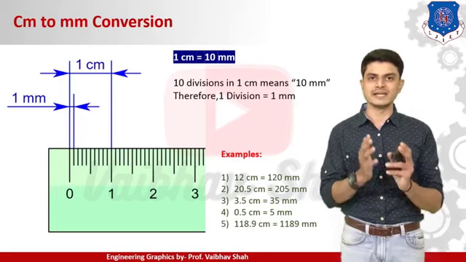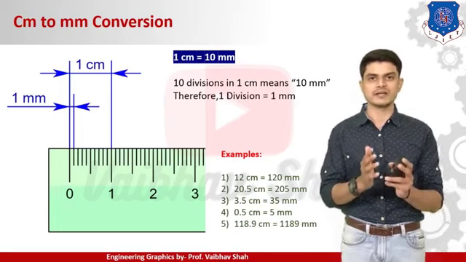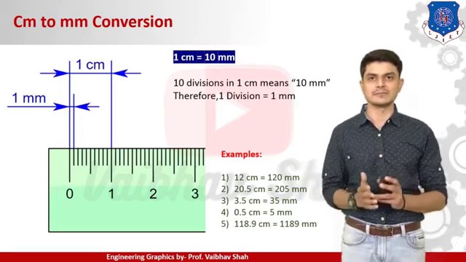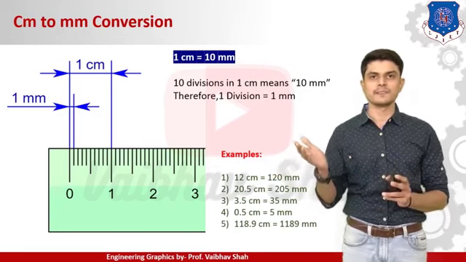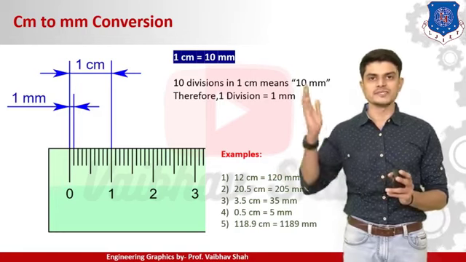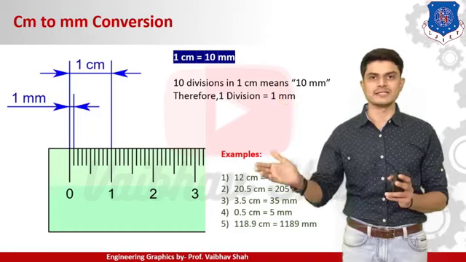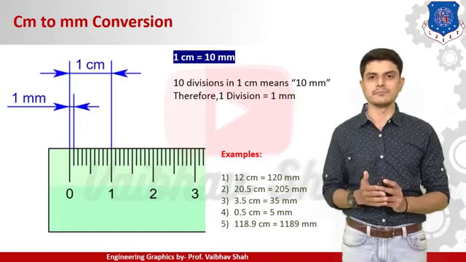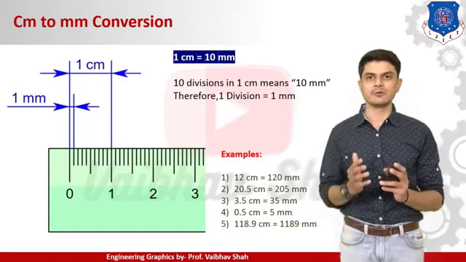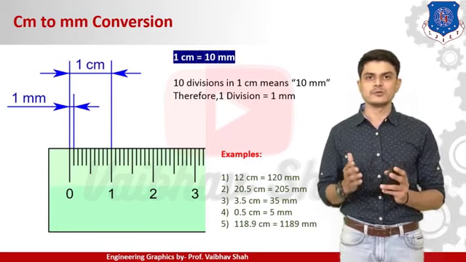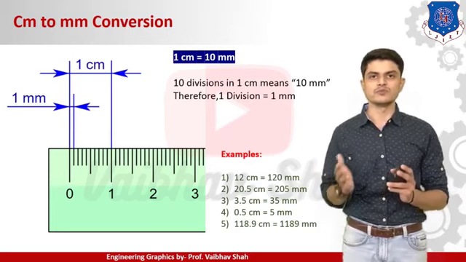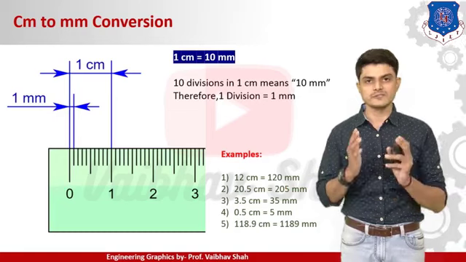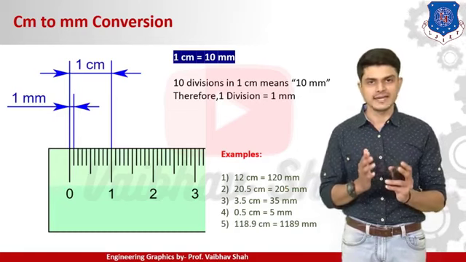So now let us see a few examples to memorize this conversion factor. First example, 12 centimeter. 12 centimeter is equal to 120 mm. How? Because 1 centimeter is equal to 10 mm. So 12 centimeter is equal to 120 mm. Next, 20.5 centimeter is equal to 205 mm. What we have done is we have just multiplied your centimeter by 10.